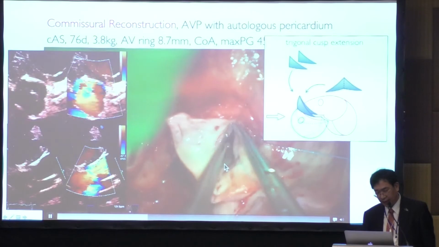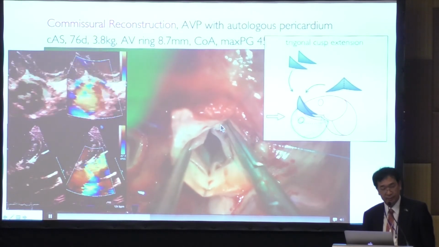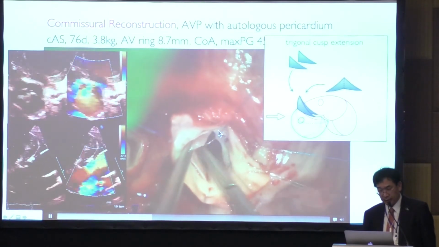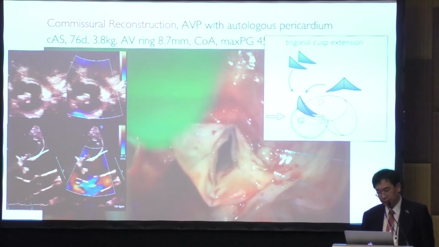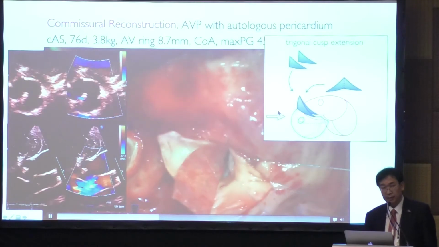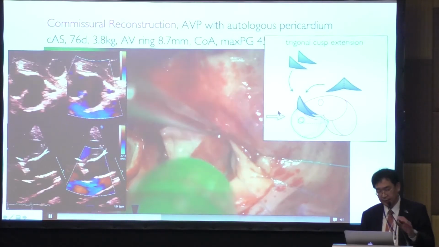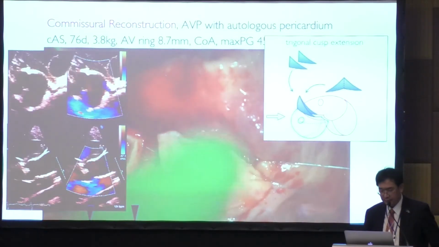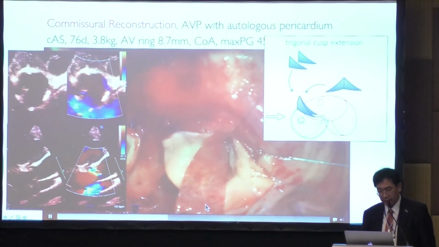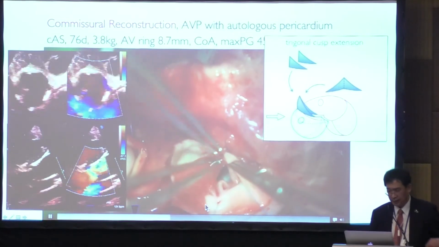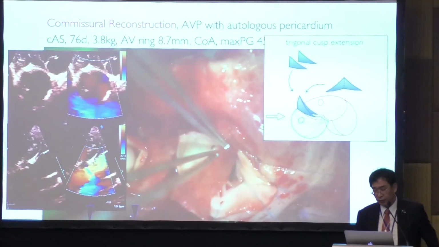On this patient, I cut open here. Yeah, the stitch is 8-0 monofilament, and the pericardium is treated with 3 minutes of tanning. Yeah, very simple, right?